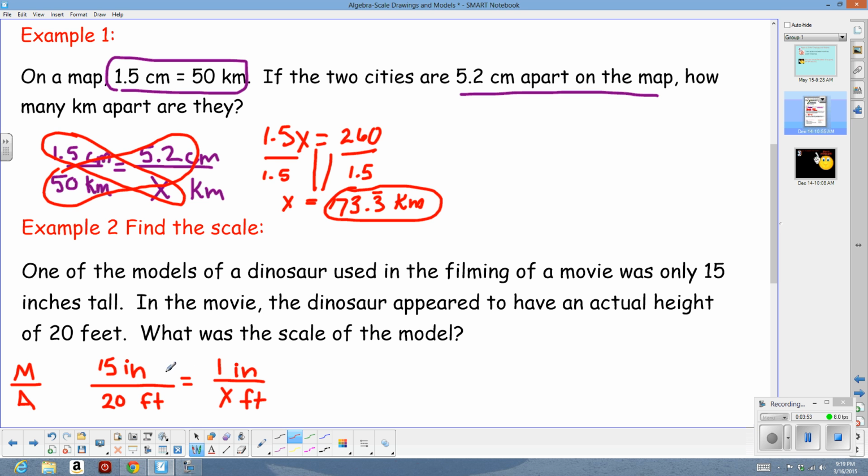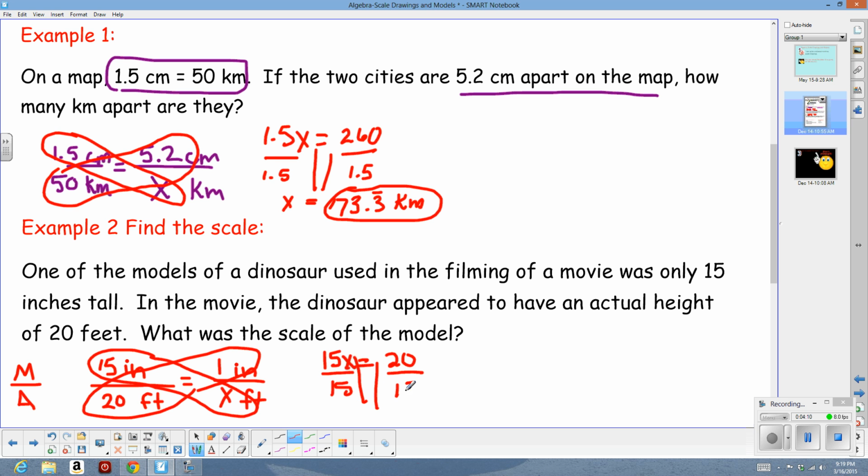So now if we solve this proportion, we have 15x equals 20. Divide both sides by 15. x equals 1 1/3, or 1.3 repeating.